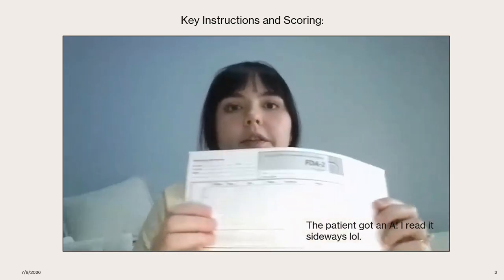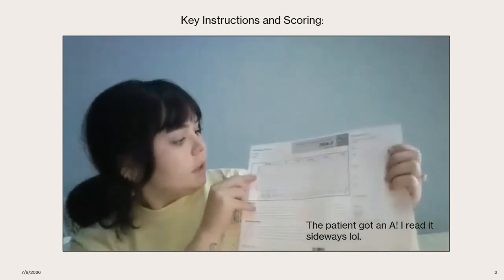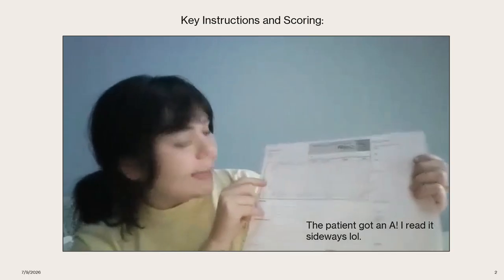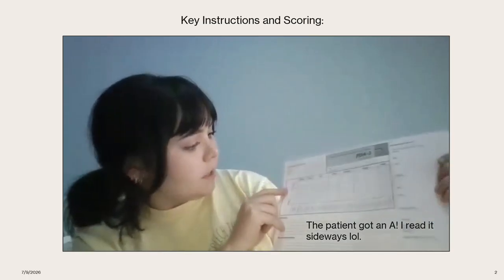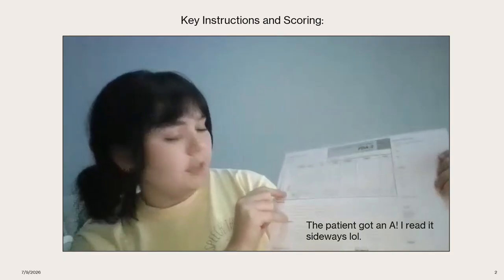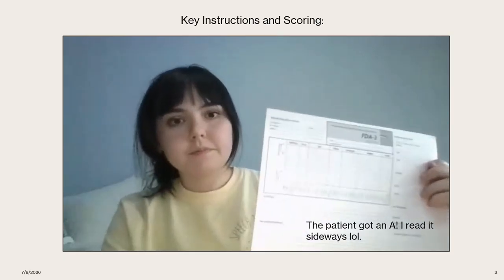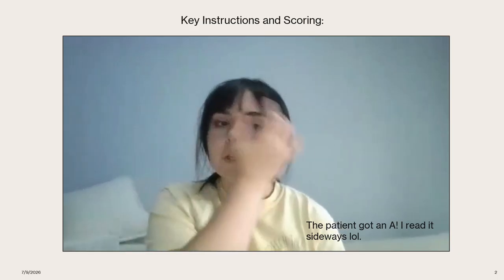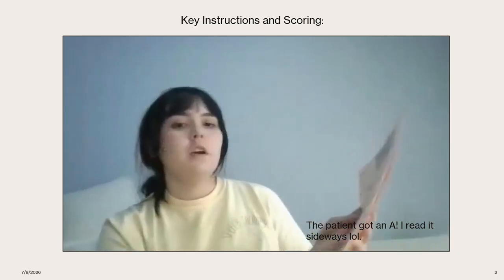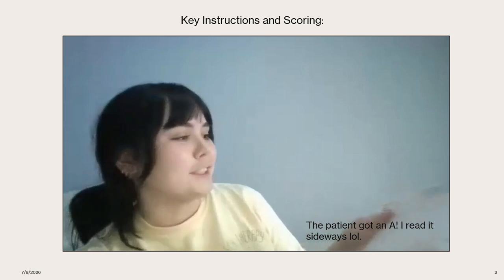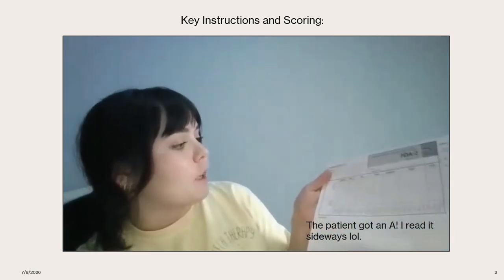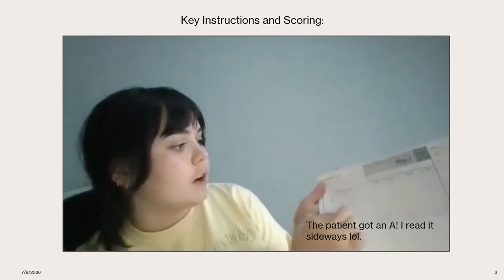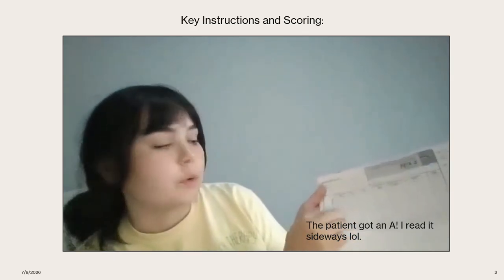Okay, so going into the scoring form, there is a scale from A to E, with A being normal function and E being no function. So when you score for a patient, you're going to figure out where you think their scoring would be.